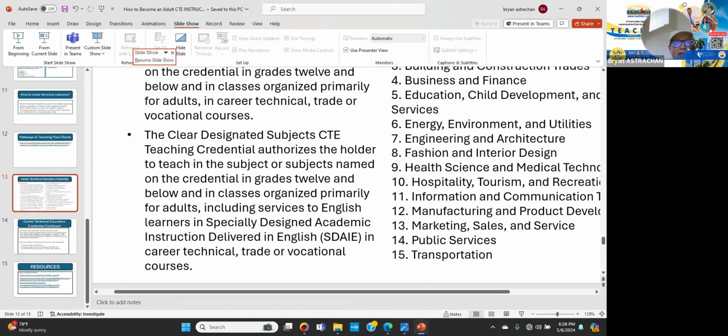So when you get the preliminary credential, that won't be a requirement, but to clear your teaching credential for both adult ed and the CTE credential, you're going to need that. And it really, as I mentioned, helps you have an understanding of how to deliver materials in an understandable manner so that non-English learners will really be able to have some good takeaways.